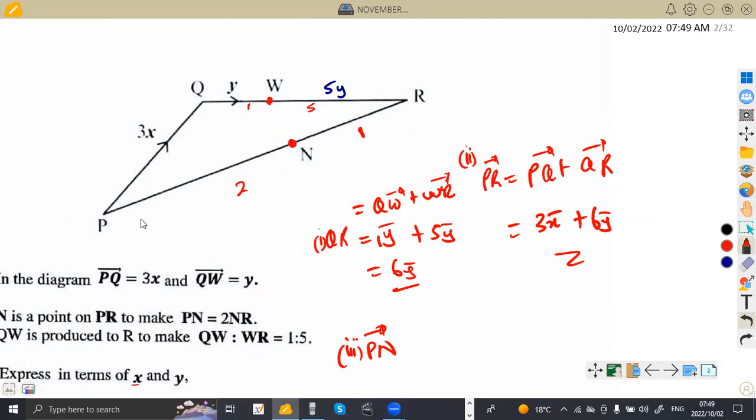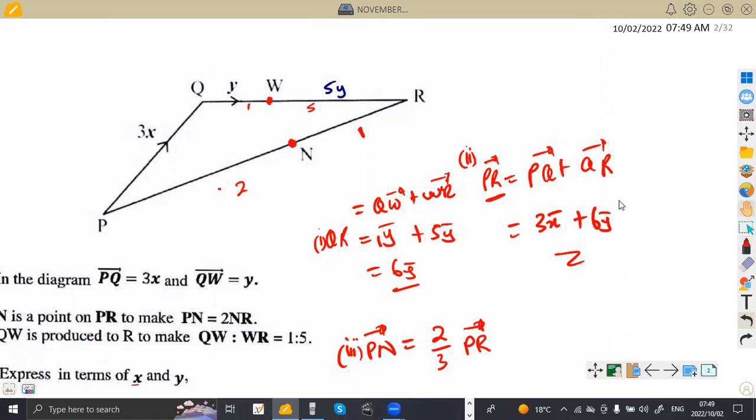Remember the given ratio, guys, 2 is to 1. You can even use this concept, but since we do not have NR, we have to use the ratios to say PN is going to be 2 parts out of 3 of PR. Since we calculated PR here, it's 2 over 3 of PR according to the ratio.